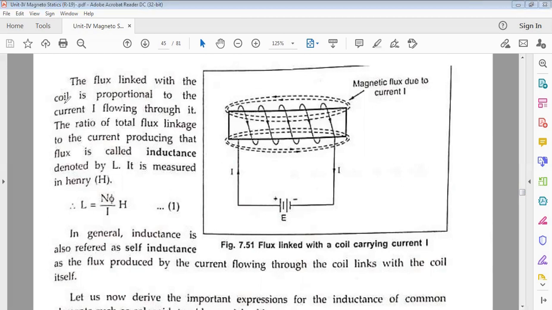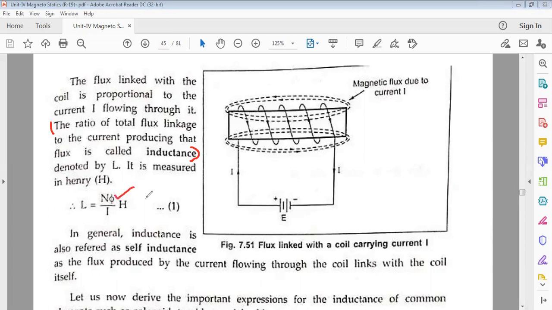The flux linkage with the coil is proportional to the current flowing through it. The ratio of total flux linkage to the current producing that flux is called inductance.